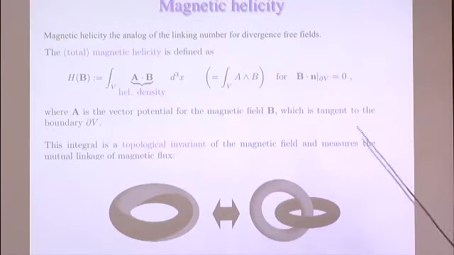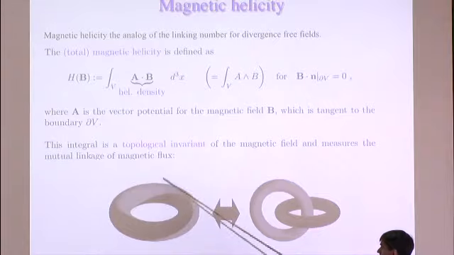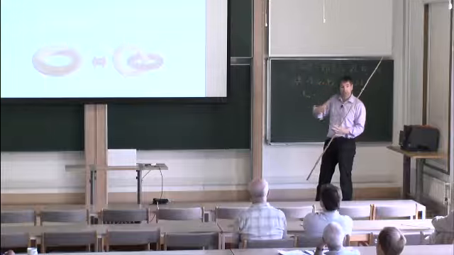Okay, this quantity measures the pairwise linkage of magnetic flux in the domain. Now, in our situation, all the magnetic field lines go from the lower boundary to the upper boundary, so this kind of situation can't really arise, but the linkage is equivalent to twist, and in our case we can think of our cylinder as a torus cut open along one plane, and you can see that we can get magnetic helicity from a twist of field lines in this domain.